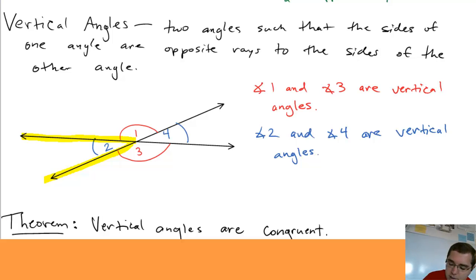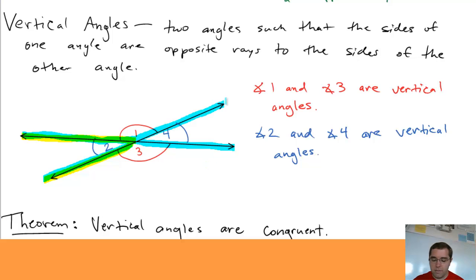The ray opposite this one is this one. The ray opposite this one is that one. Since the rays of angle 2 are opposite rays to the rays of angle 4, angle 2 and angle 4 are vertical angles.